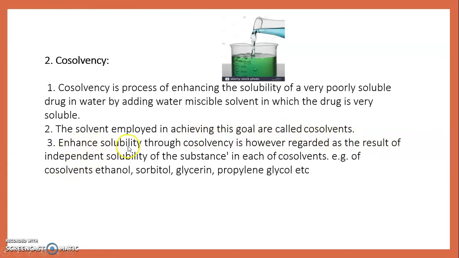The enhanced solubility through cosolvency is regarded as the result of the independent solubility of the substance in each co-solvent. Examples of co-solvents are ethanol, sorbitol, glycerine, propylene glycol, etc. These are used as co-solvents.